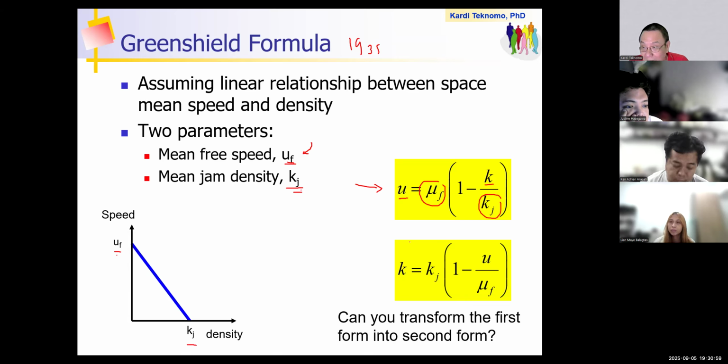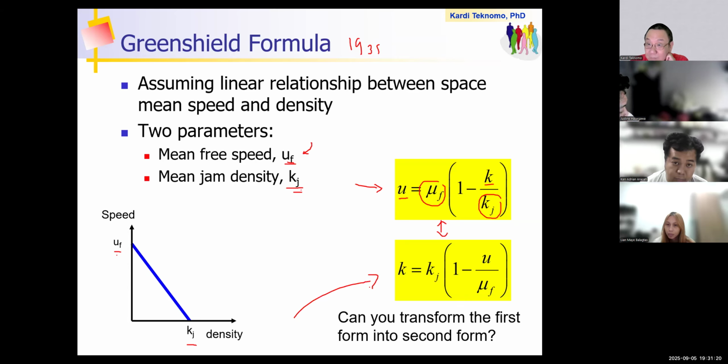From here you can transform back and forth. This is the same model. I just transpose the density to the vertical axis and speed to the horizontal axis, and I can get this one.